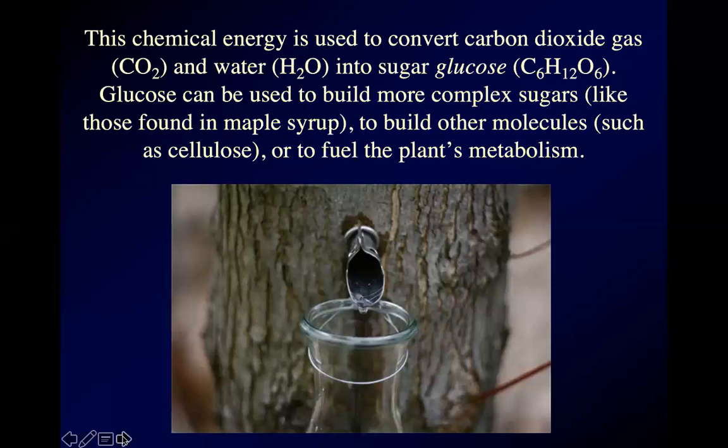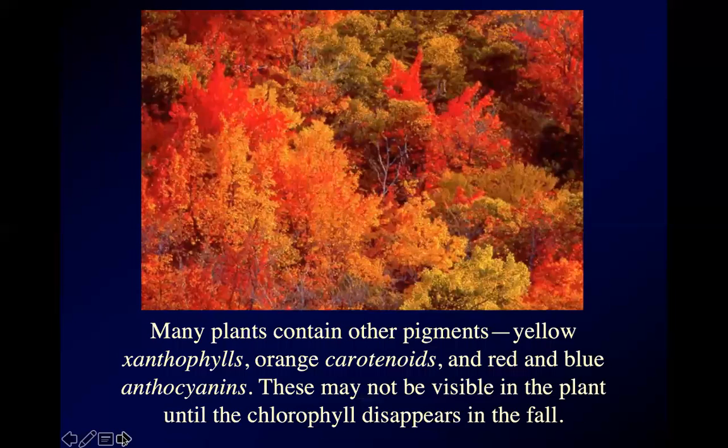artificial stuff. Right. Many plants contain other pigments that do various things. Plant pigments that are yellow are called xanthophylls. Orange pigments are called carotenoids. And then for red and blue, there's a class of chemicals called anthocyanins.